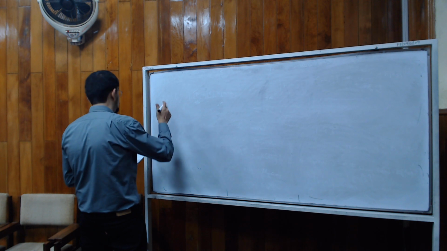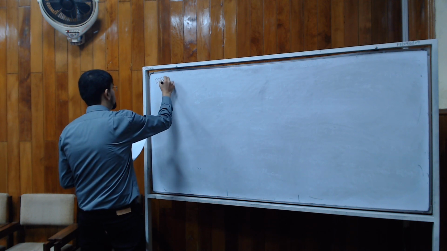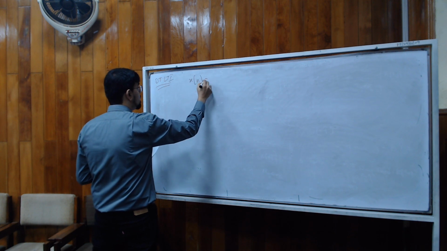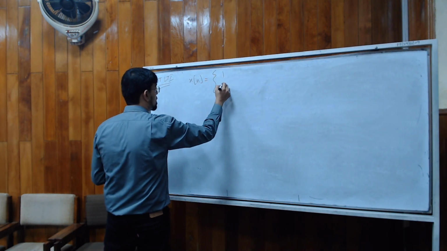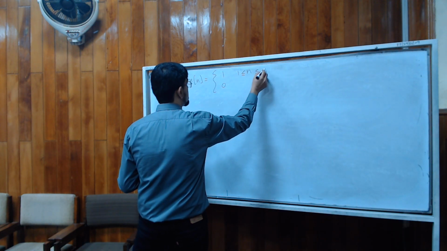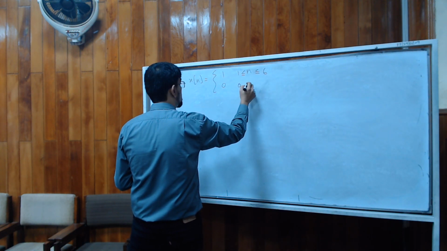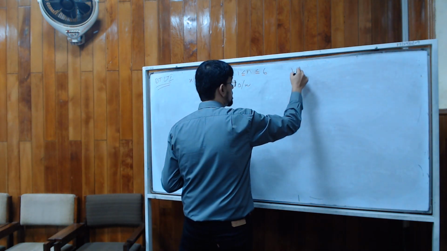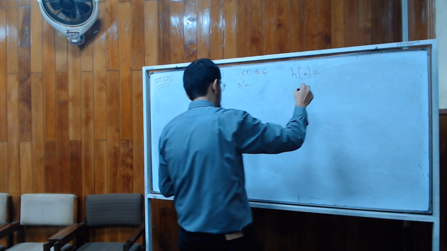Let's consider a DT LTI system. We are given that its input is 1 for n between 1 and 6, and 0 otherwise. These are integers. The impulse response h[n] of the LTI system is also given.